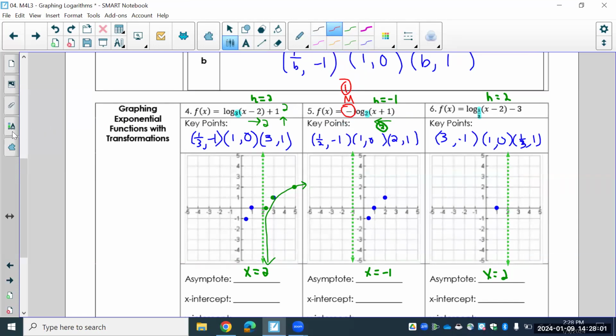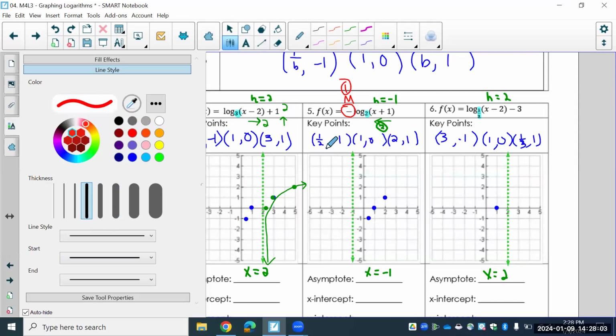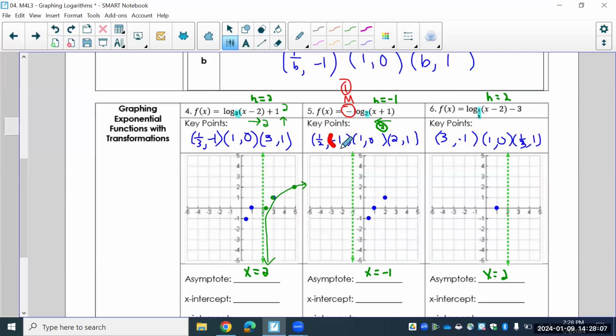And what it does is it multiplies this number right here by -1. Okay, so this would become +1, negative times a negative. The intercept never changes. It's like an anchor, really. And then this one that's at 2, 1 will become -1. But we don't put it on our critical points. Your critical points must reflect the base. Don't include any of that in that particular part of the answer.